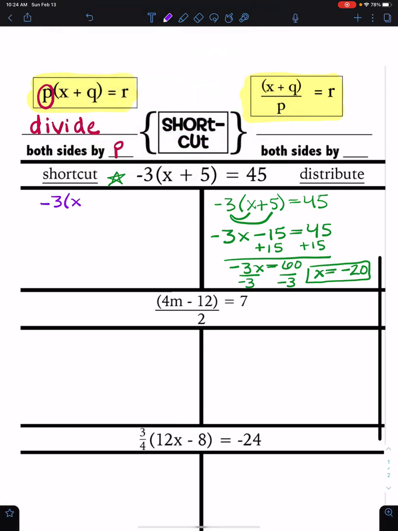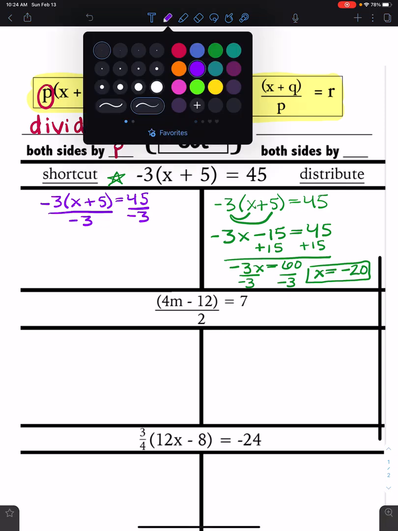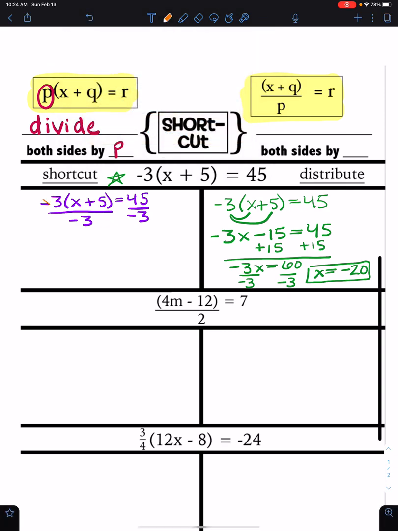I'm just going to recopy it. And instead of distributing the 3, I'm going to divide this entire side of the equation by negative 3 and this side of the equation by negative 3. Over on the left, these cancel, and all I have left is x plus 5.